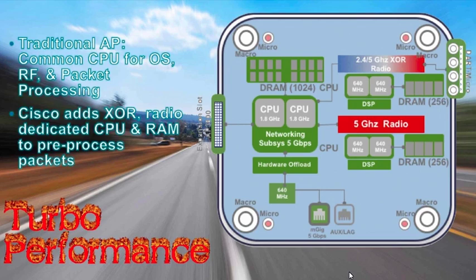We put faster processors on the radios. But notice that we have that 5 gigahertz radio. But notice above that, it's not a 2.4 gigahertz radio. It's actually called an XOR radio. It's a software-defined radio that allows us to switch between a 2.4 gigahertz radio and a 5 gigahertz radio. That's going to be something really interesting we'll see in just a couple of minutes.